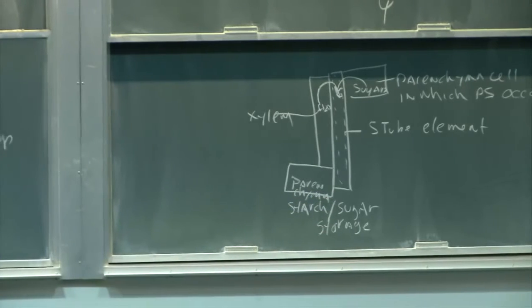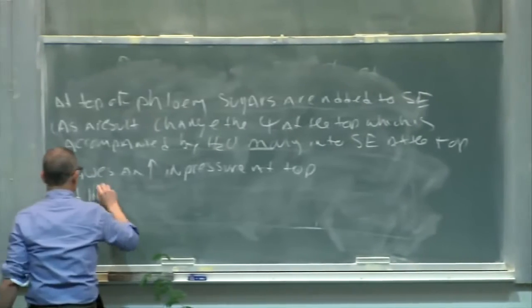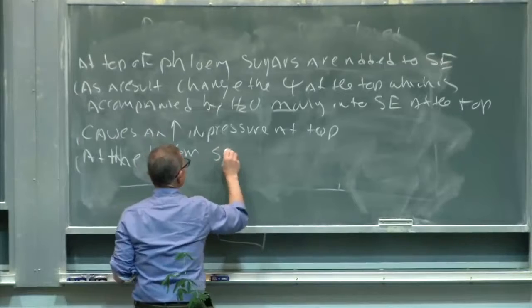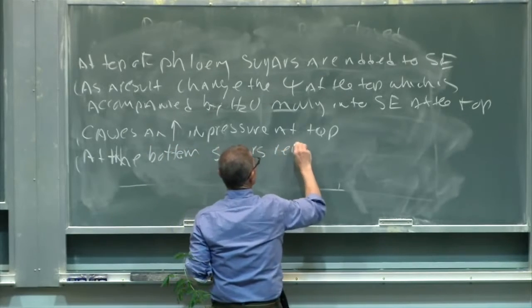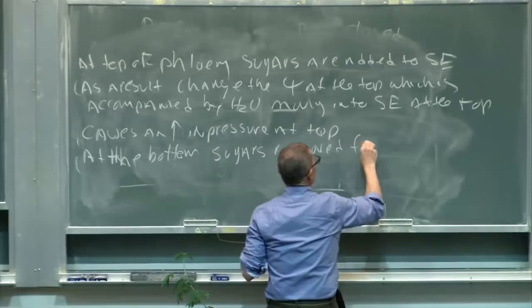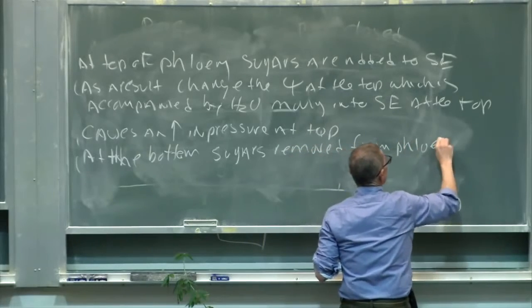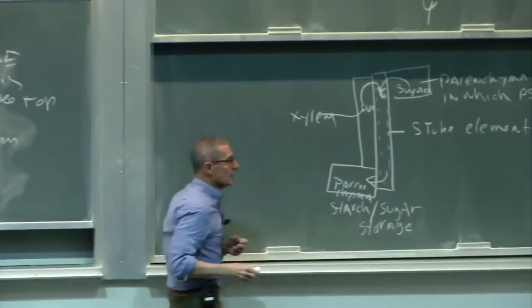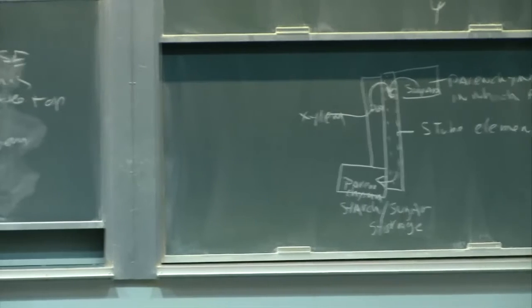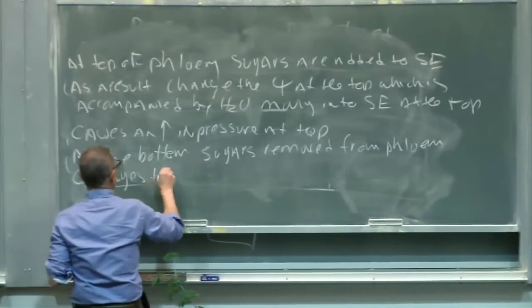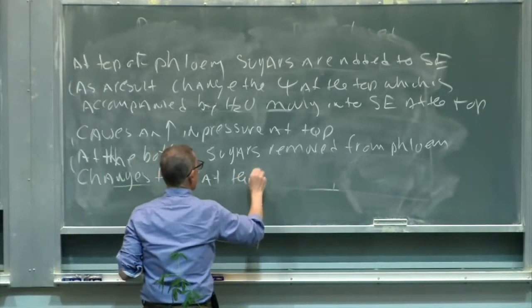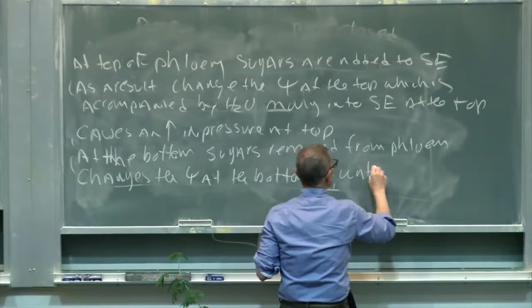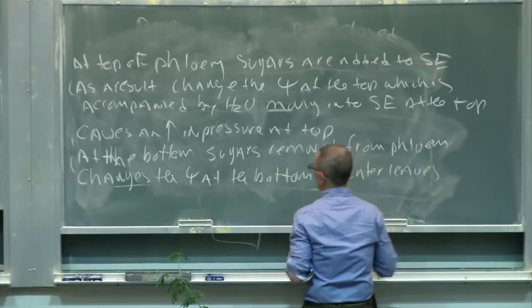At the bottom, sugars are removed, and they go into the adjacent parenchyma cell, crossing the membrane. This changes the water potential at the bottom. And water leaves, and pressure drops.